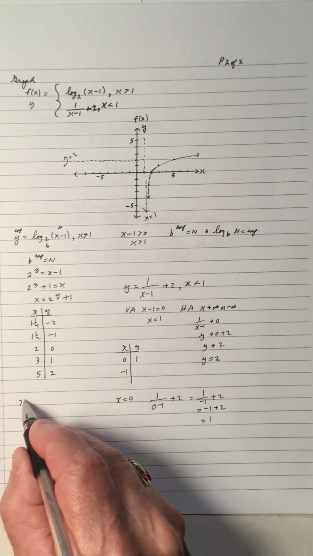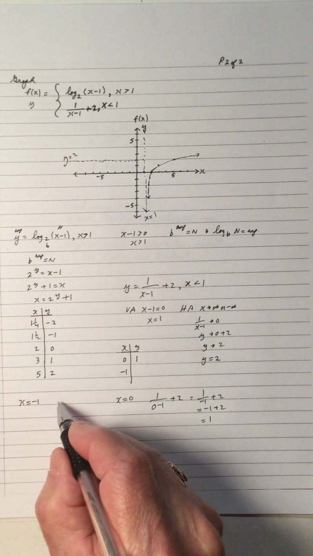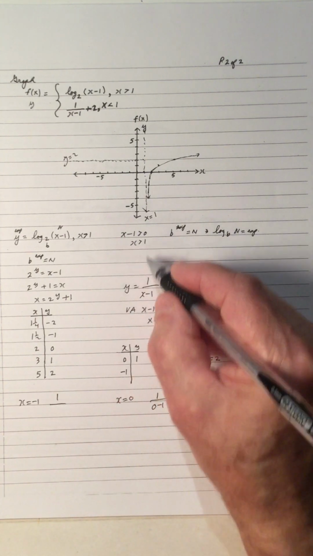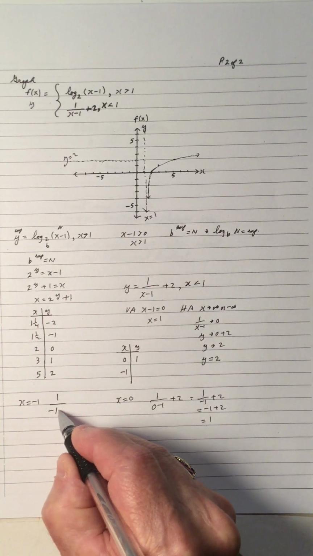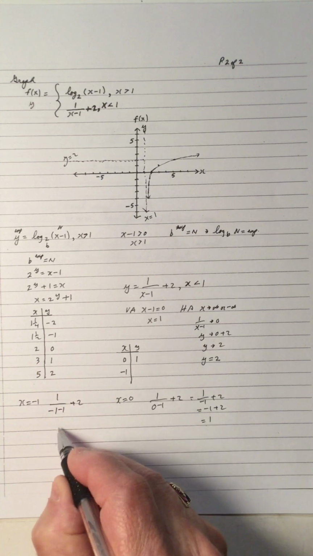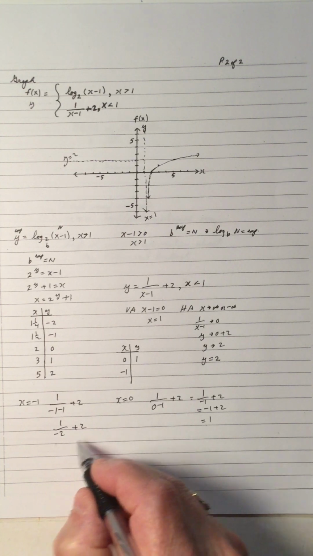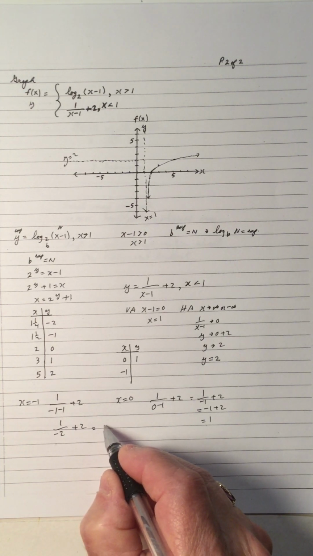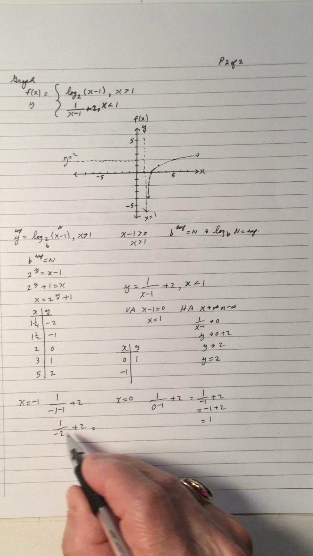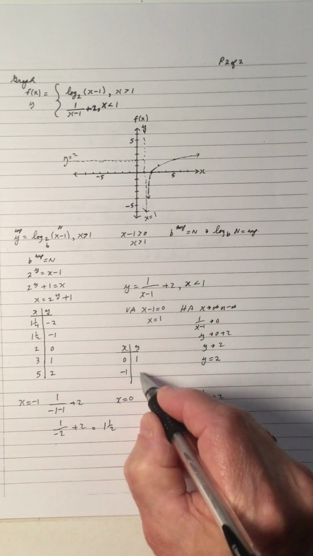And what about when x is negative 1? We have 1 over negative 1 minus 1, plus 2. That's 1 over negative 2, plus 2. That's negative a half plus 2, so that's 1.5.